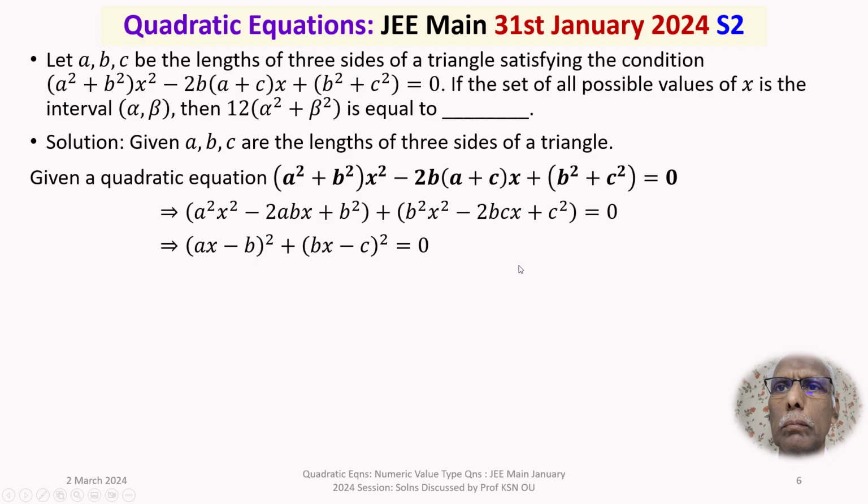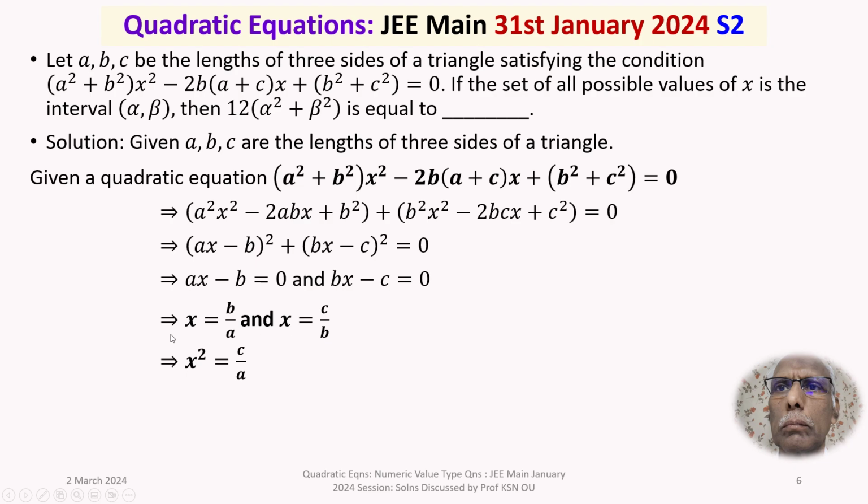That's equal to 0. The sum of the squares is equal to 0, then each one must be equal to 0. This will imply ax minus b is equal to 0 and bx minus c is equal to 0. This implies x is equal to b by a and x is equal to c by b.